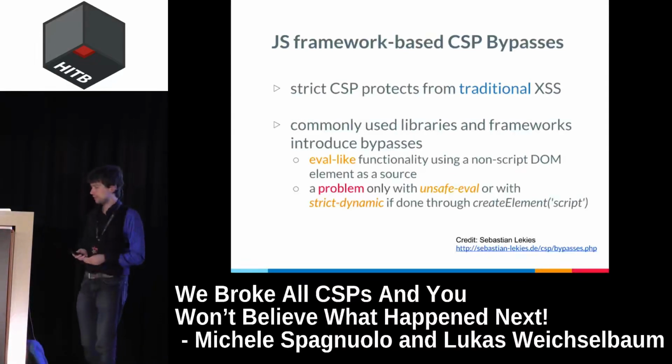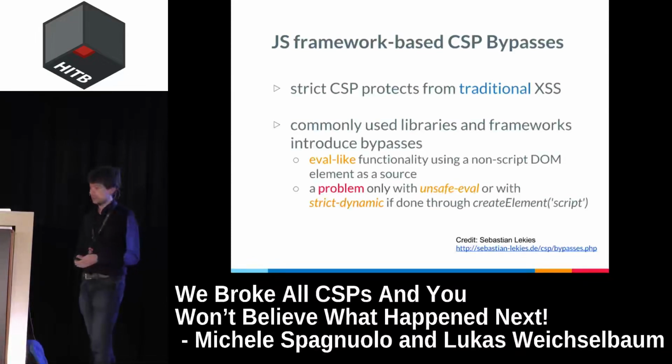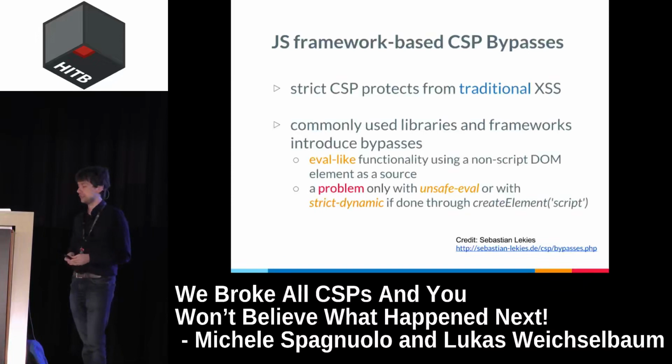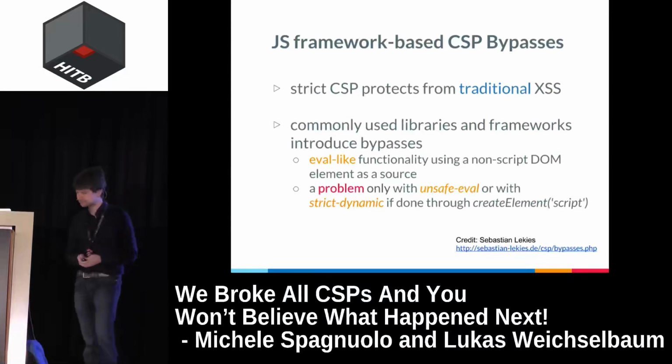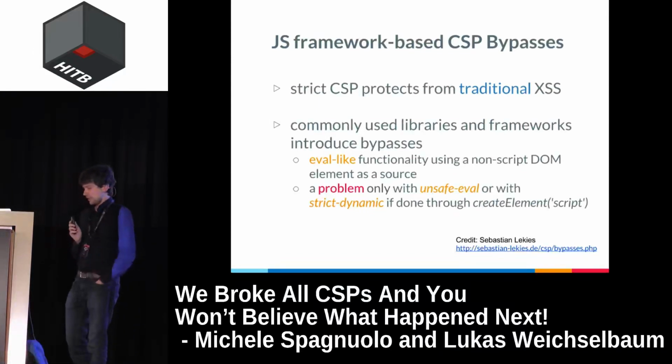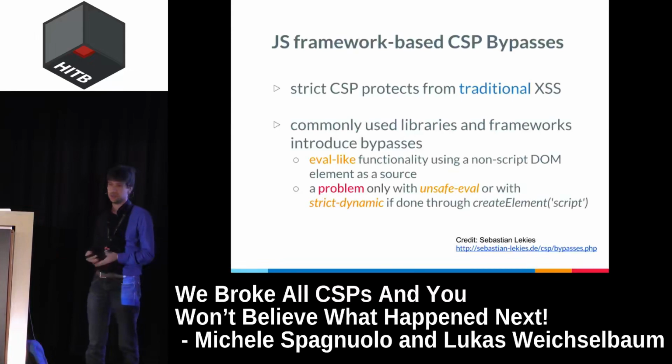The next category of bypasses is very interesting, and in my opinion, it goes a little bit beyond CSP. This is actually very interesting research by some of our colleagues, which I think will be presented soon. The idea is that strict CSP protects against traditional XSS, like reflected XSS, the vast majority of DOM XSS.